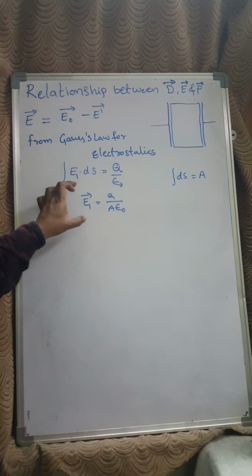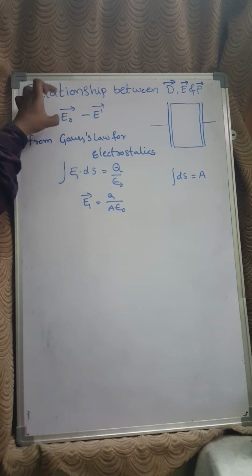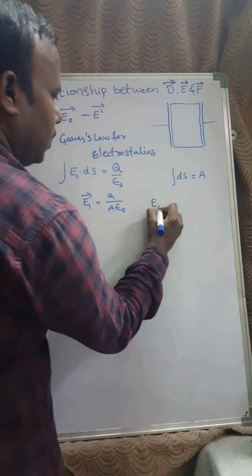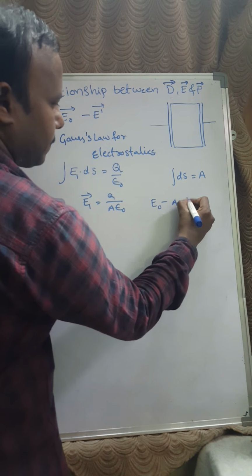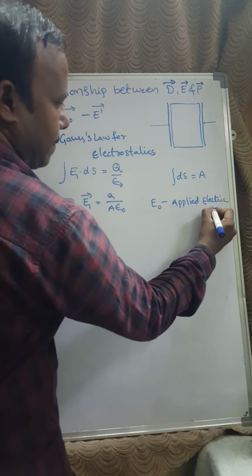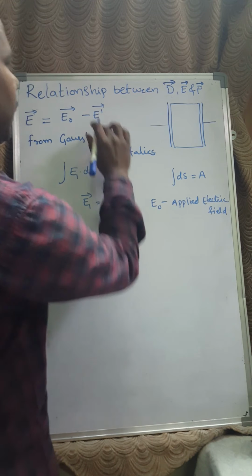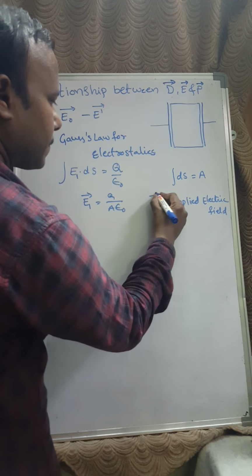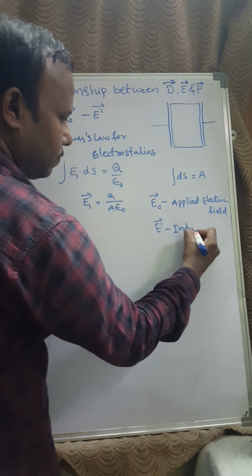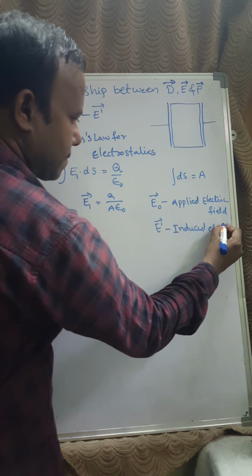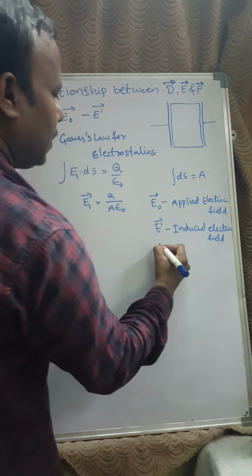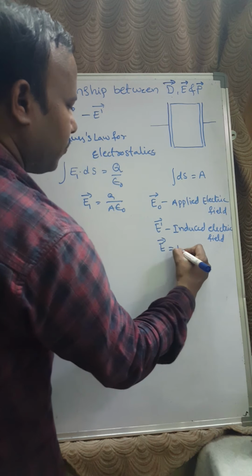If I apply this Gauss law for electrostatics, here E naught is the applied field, E prime is the induced electric field, and capital E is the resultant electric field.